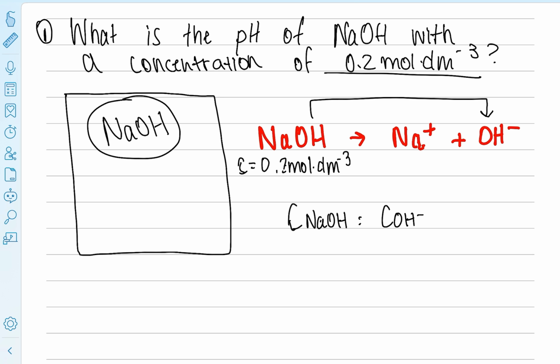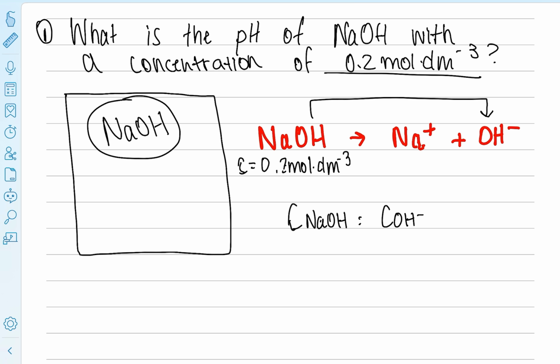Your base does not dissociate into hydrogen ions. Remember all those terminologies that we learned from Lowry, Bronsted and Arrhenius? Your base will dissociate, but it will release hydroxide ions. That is what we see here.